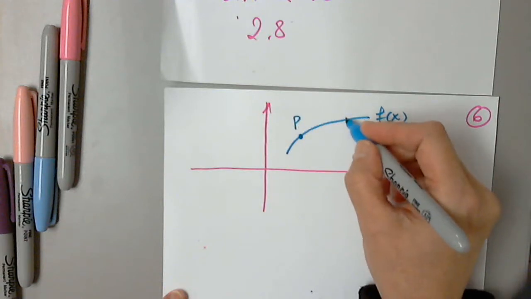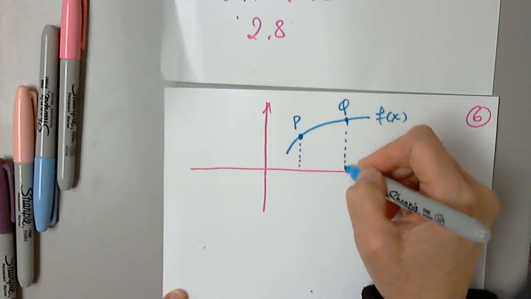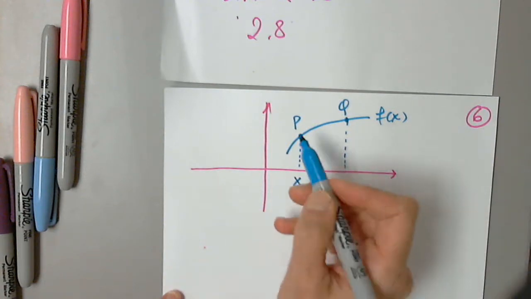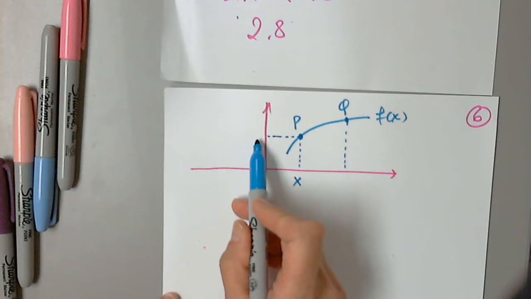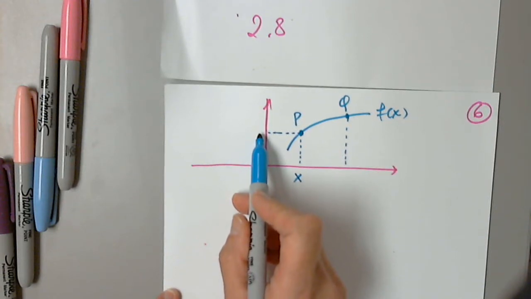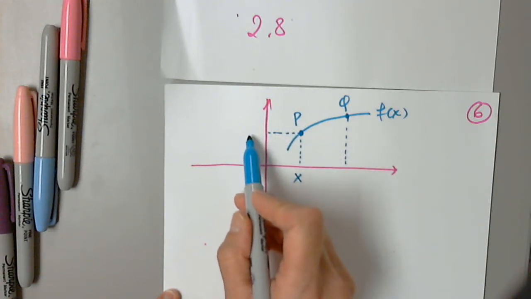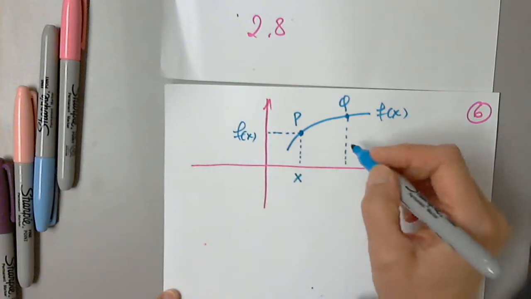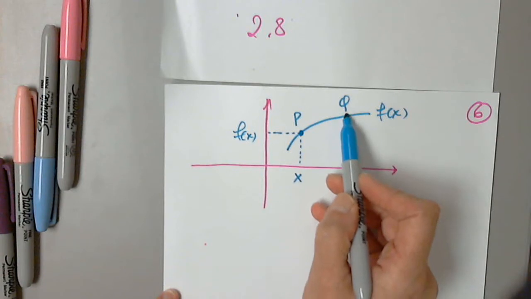If this is P and this is Q, you already told me that if this is x, how much is this? Perfect, thank you. And of course, this will be x plus a little bit because they are very close to each other.